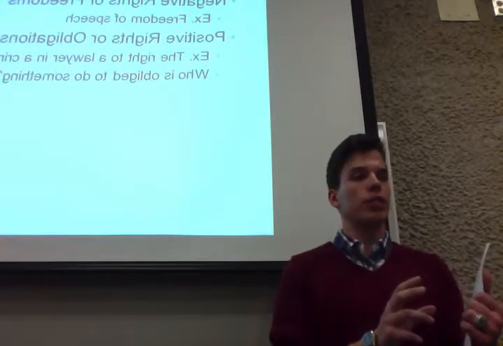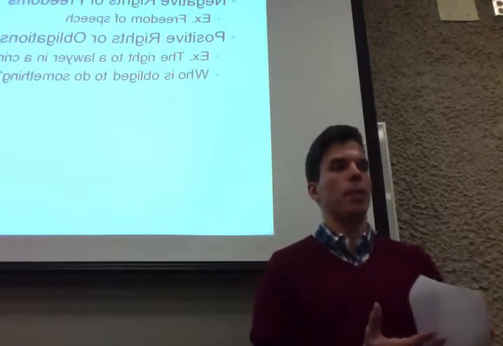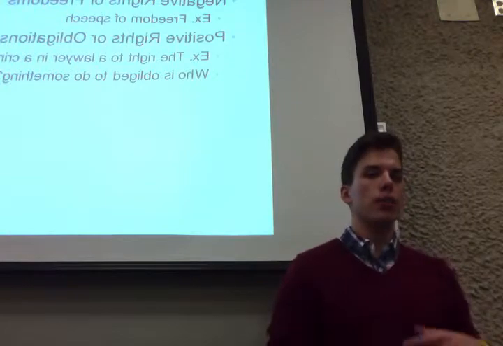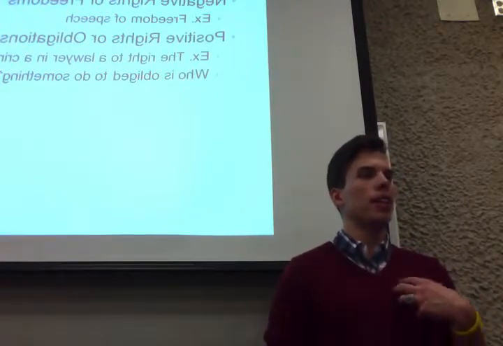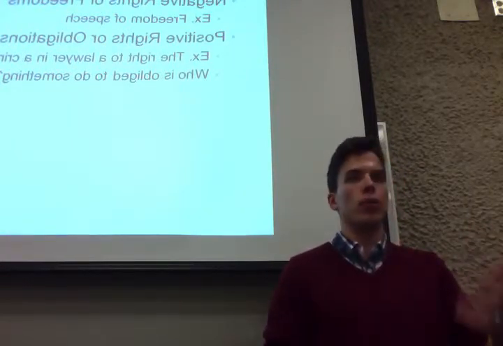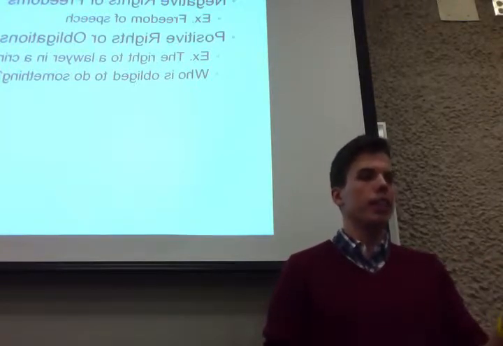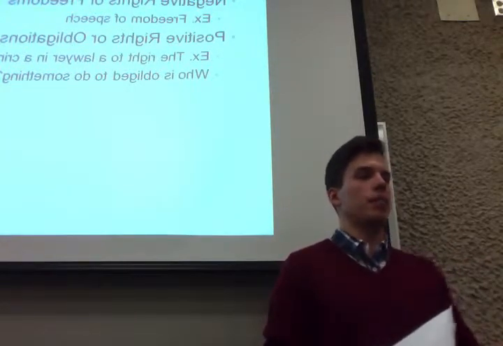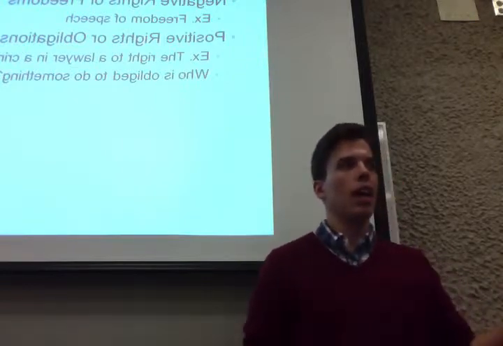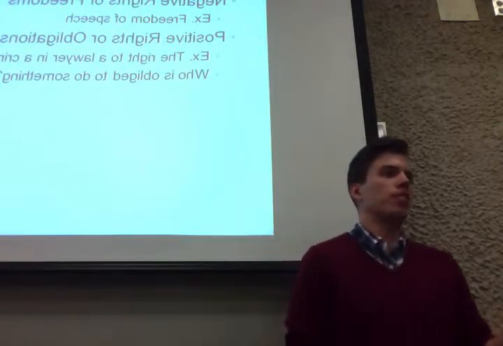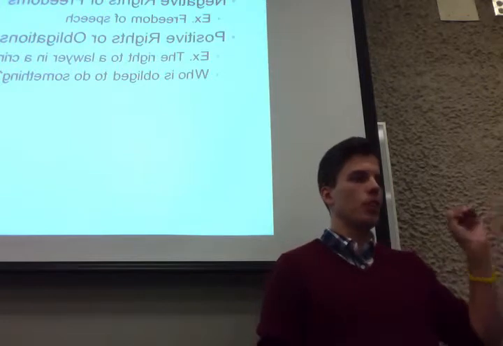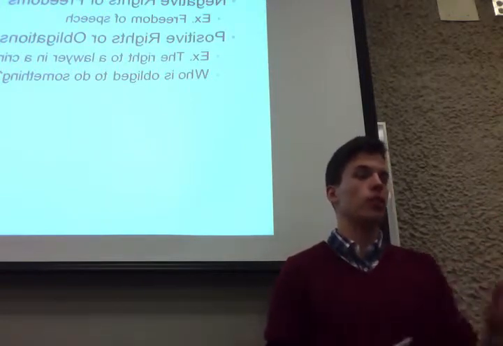So another distinction is between negative rights or freedoms and positive rights and obligations. A negative right is a freedom. It's something that I am free to do and I don't need anybody to do for me. So freedom of speech is another example. I don't have to have anybody to help me speak freely. I am an able-bodied person. I can just speak, and I don't have to have any justification or help to do so.